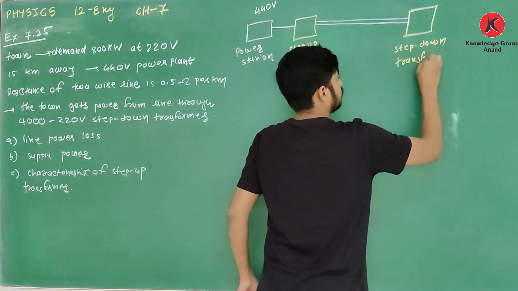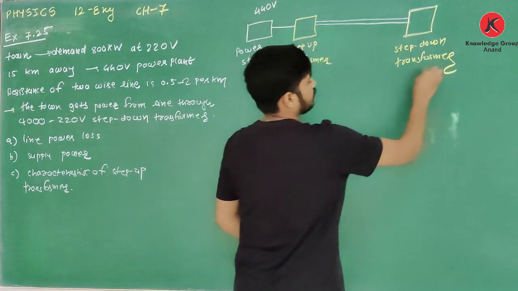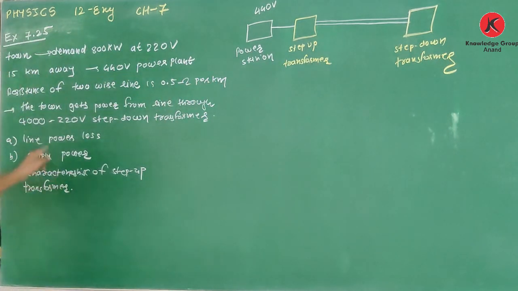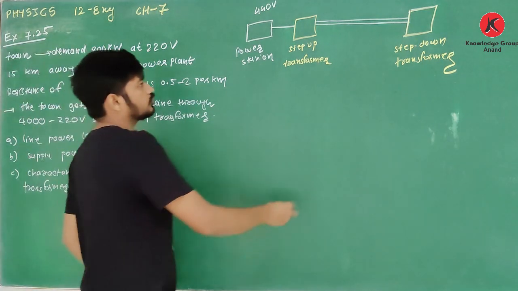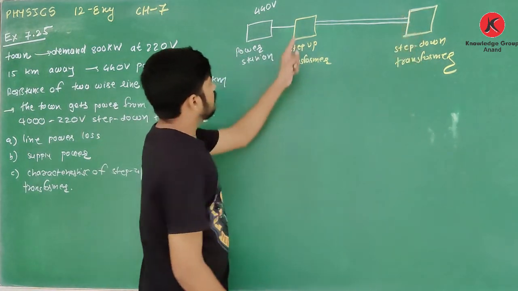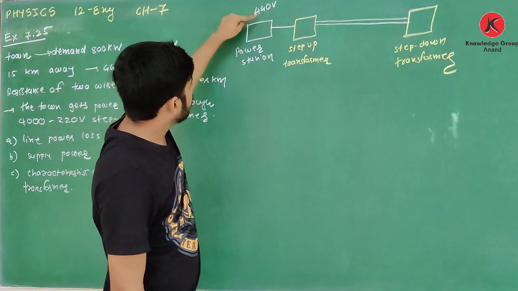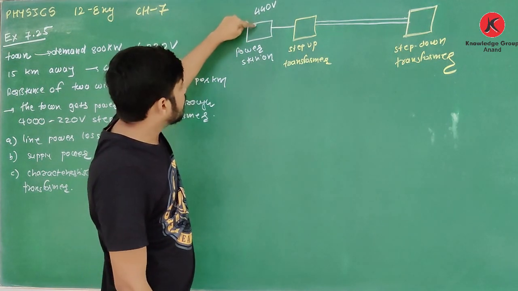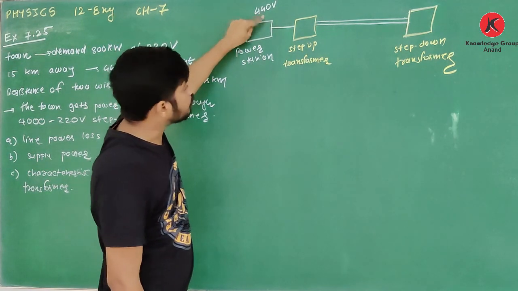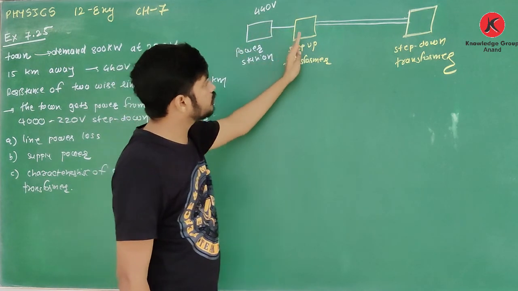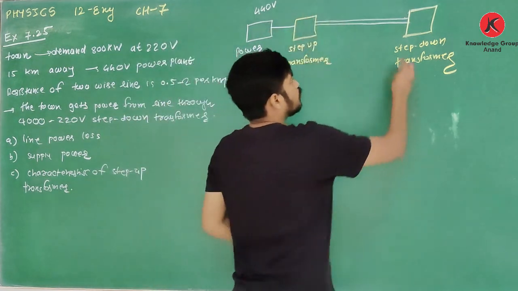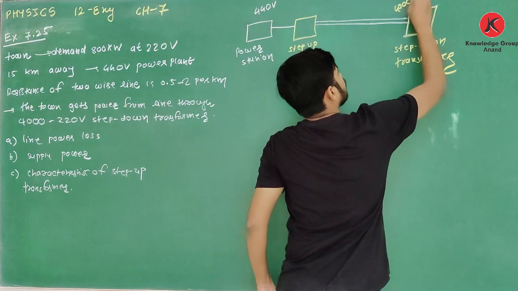Step down transformer. Its characteristics are 4000 to 220. Here, from the power station, electrical power is produced at voltage 440. This step up transformer will increase its potential. Then at this point, its potential will be 4000 volt.